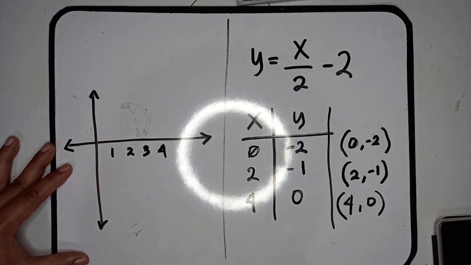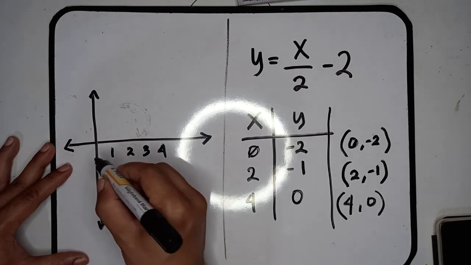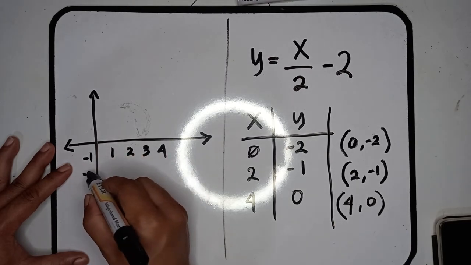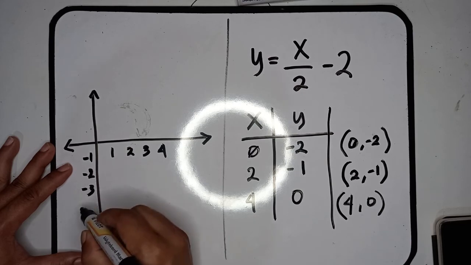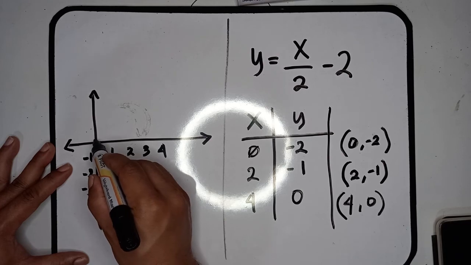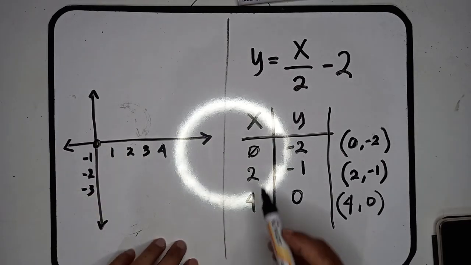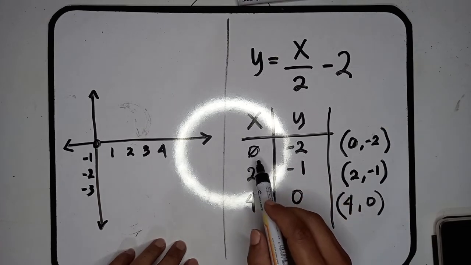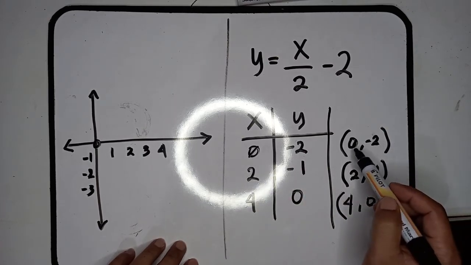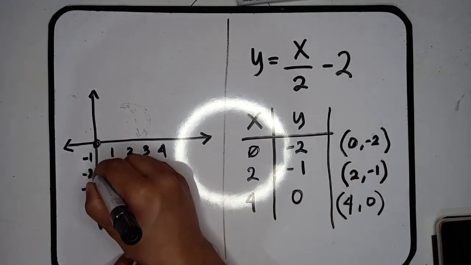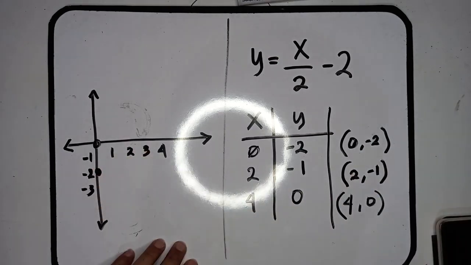For our y, we have negative 1, negative 2, negative 3, and then this is the 0 part. This is the portion of 0. Okay, so let's plot the point 0 and negative 2. So x is 0 and y is negative 2. So our first point will be positioned around here.